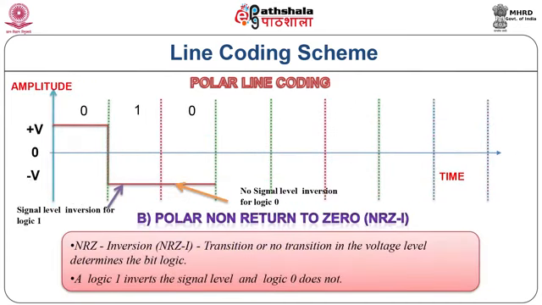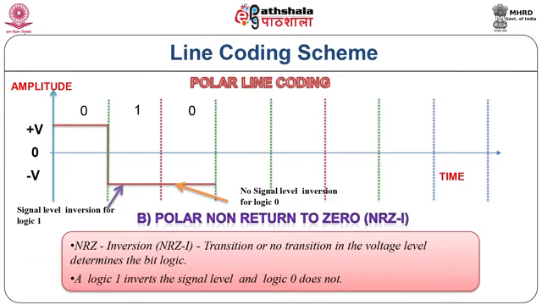In NRZ-I, transition or no transition in the voltage level determines the bit logic. If the bit being transmitted is at logic 1, there is a transition from one voltage level to other. If the transmitted bit is at logic 0, there is no transition of voltage level.